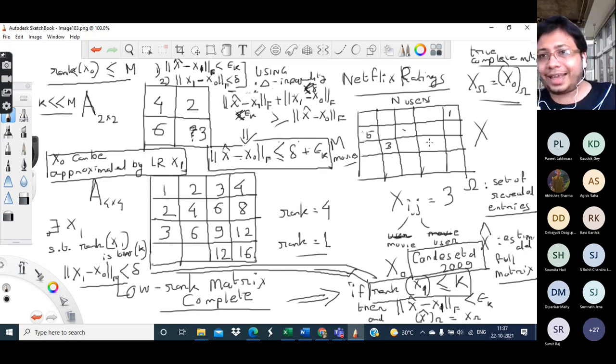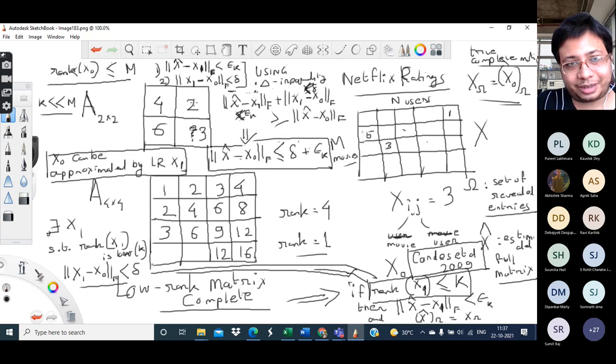But rank is such a thing that even if there is a small difference, the rank may be spoiled. For example, consider the matrix 4263. This matrix has rank 1 obviously, but if I perturb this 3 to 4, or this 6 to 7, it is no longer a rank 1 matrix, it has become a rank 2 matrix, even though it is quite close in terms of Frobenius norm or in terms of the magnitudes of the elements.